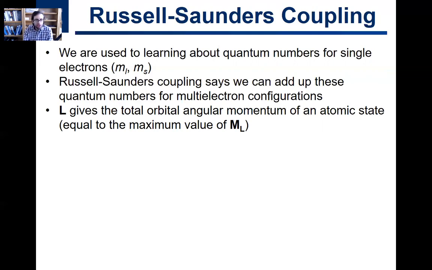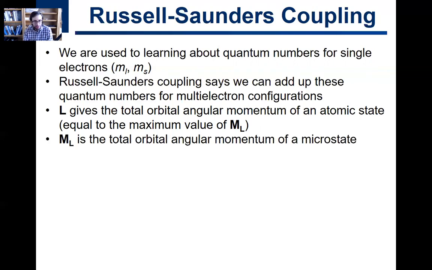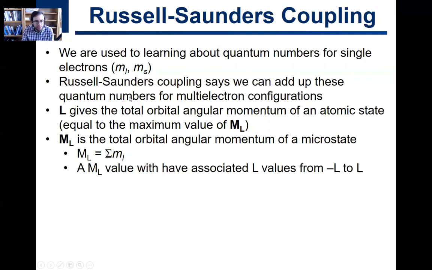Capital L gives the total orbital angular momentum of an atomic state. That is equal to the maximum value of capital M sub L possible. Capital M sub L is the total orbital angular momentum of a microstate. So capital M sub L is just the sum of all the single electron M sub L's, okay? That's what Russell-Saunders coupling is.